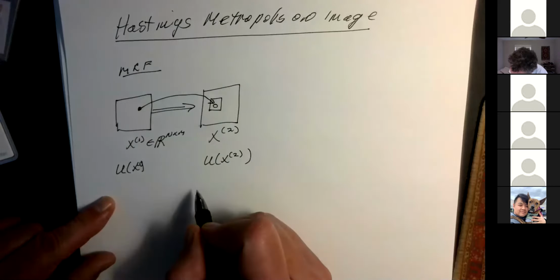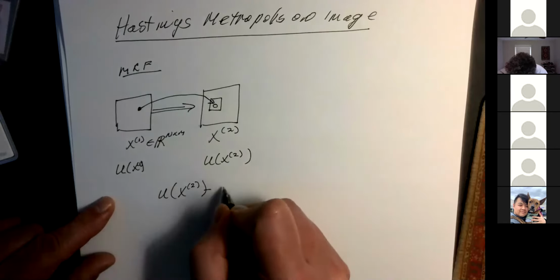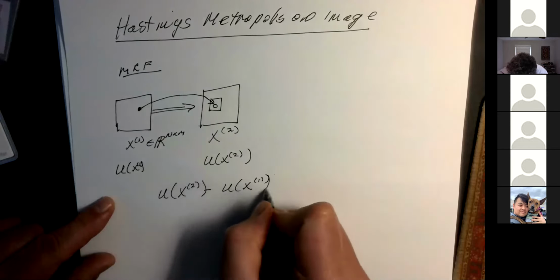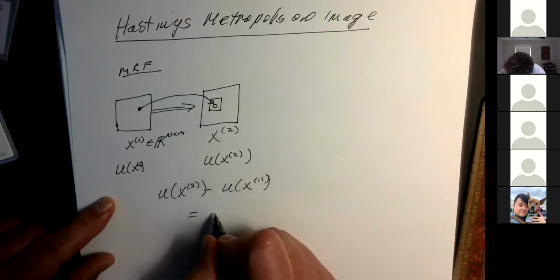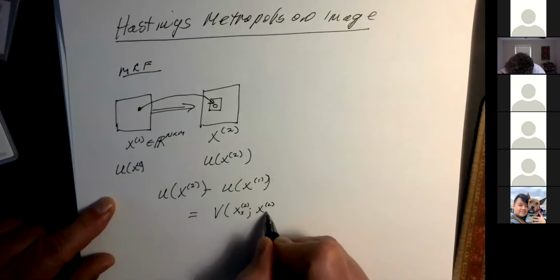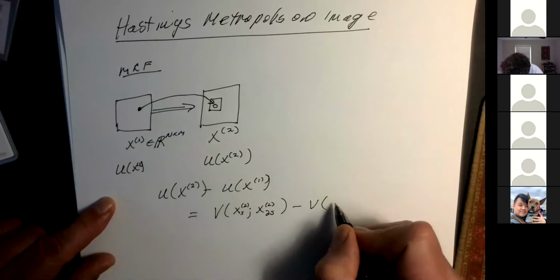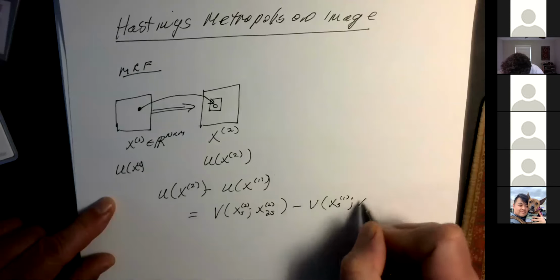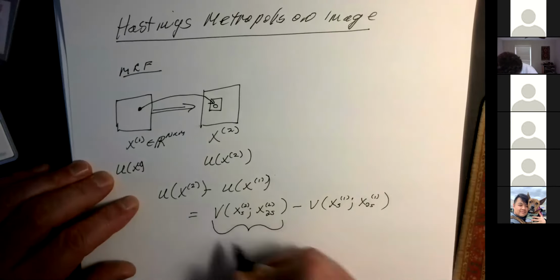So what ends up happening is that U of X2 minus U of X1 is equal to whatever the local potential functions are, is going to be only a function of, say, V of X_S, the pixel you're changing to, and X2 of delta S, that's its neighbors, minus V of X_S1 and delta S1, right? So it's only local dependence.